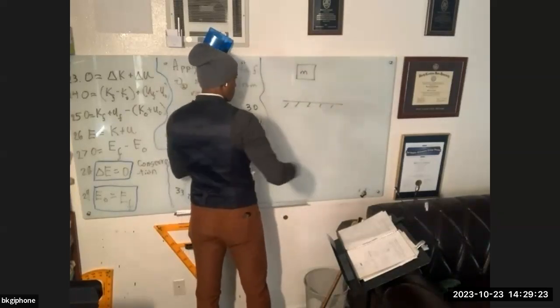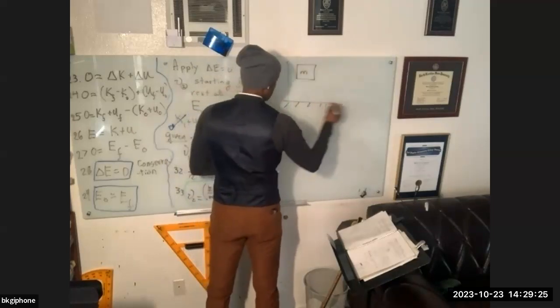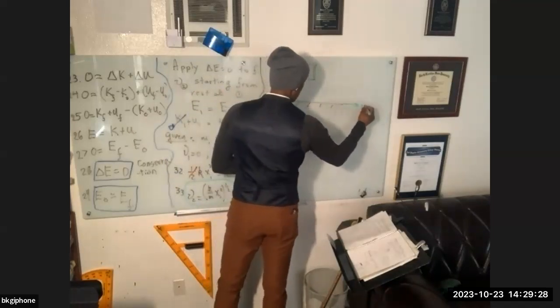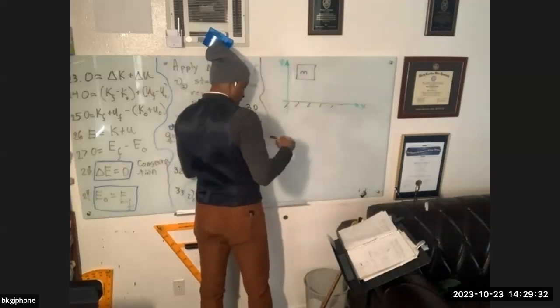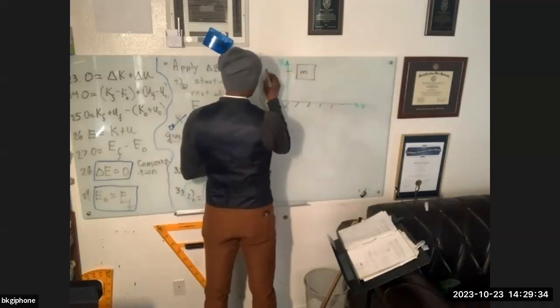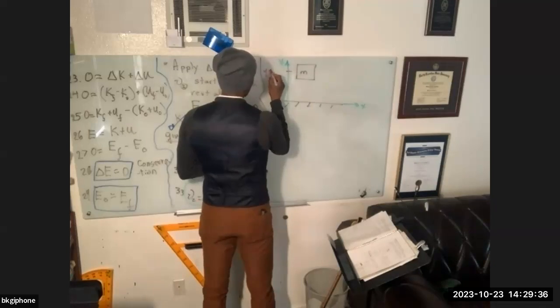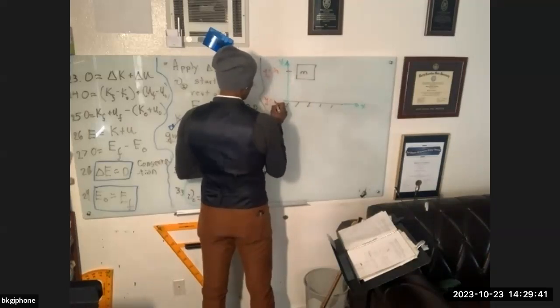Find a coordinate system, right? X, Y. This is position y equals h. Let's call that y naught, and this y equals 0.